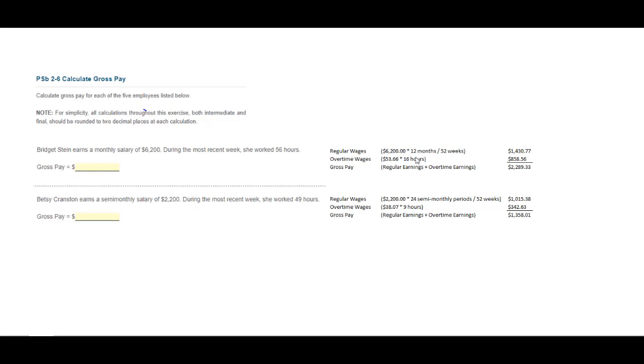But we do know the total regular wage, which is $1,430.77. So take 1430.77 divide by 40 hours to get us the regular wage rate. And that comes out to $35.77.